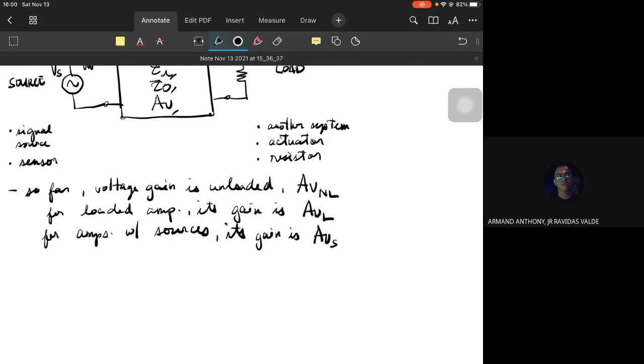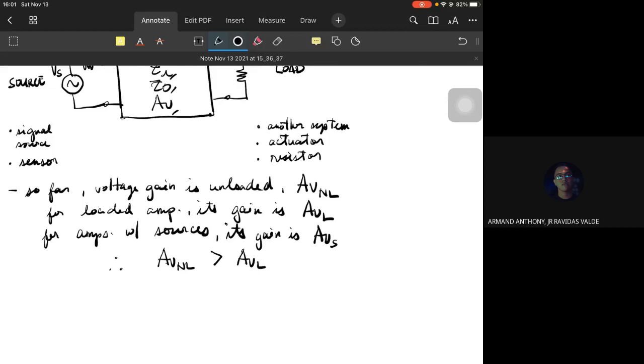And as a sort of basis for today's conclusion, AVNL will always be greater than AVL. Okay, so kung mag-compute ta, dapat magkuha lang ni siya, no? Kanang pang-check lang that the no load voltage gain will always be larger than the loaded voltage gain.